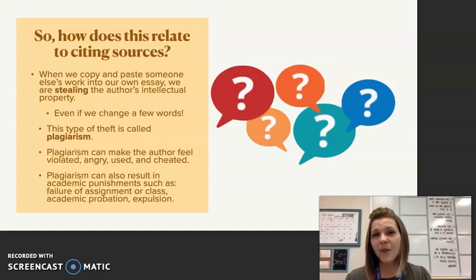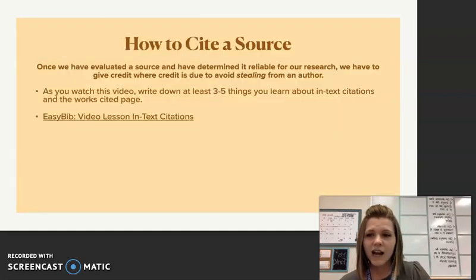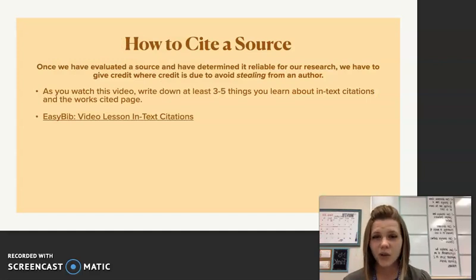So if we are caught plagiarizing, we can fail an assignment, we can fail a class, we can be put on academic probation, or even worse, we can be expelled from a university or a high school, depending on different policies. So it's so important for us to learn how to properly cite a source so that we don't steal from an author.